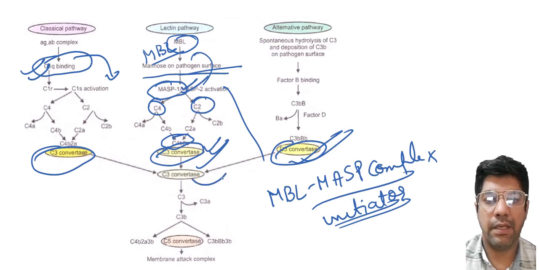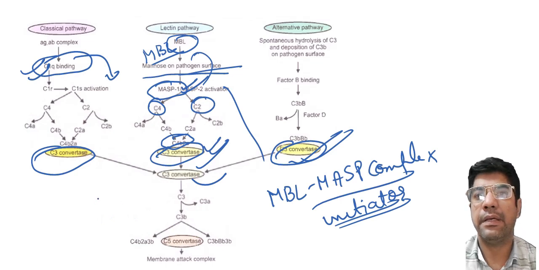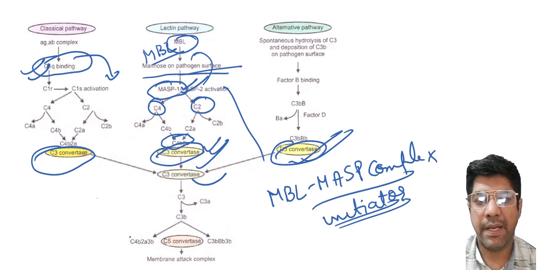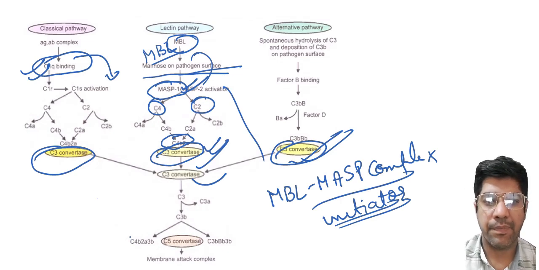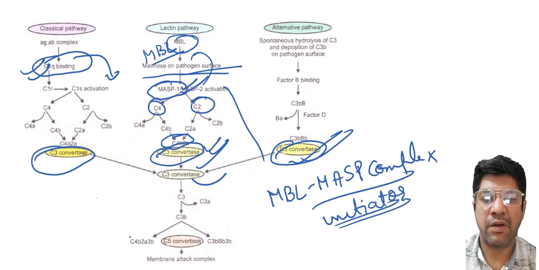Eventually, this MAC complex contains the complement proteins C5b, C6, C7, C8, C9. The formation of the membrane attack complex creates a channel through the target cell's membrane, allowing small molecules to diffuse freely across it.